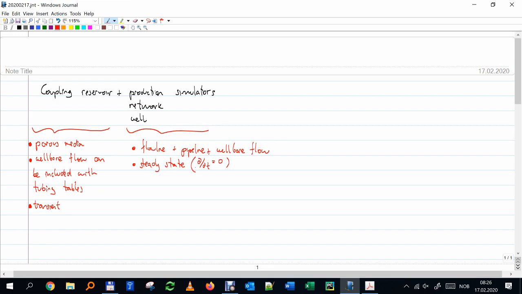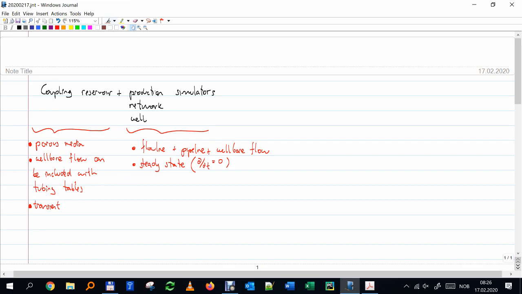The justification for steady state is that the evolution in the reservoir is so slow that we can take simple slices in time and check how much pressure we need. It is so slow that the transients really don't matter, so I can look at each slice in time as steady state.